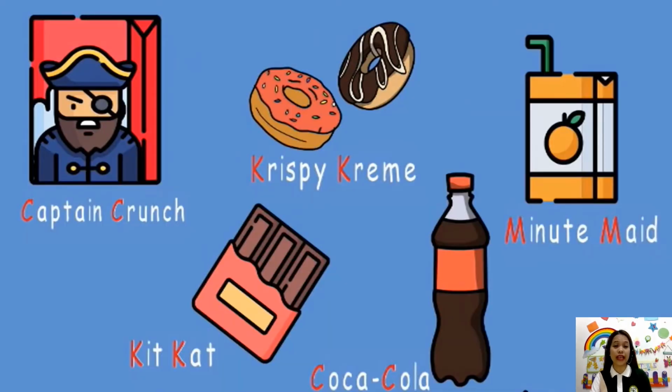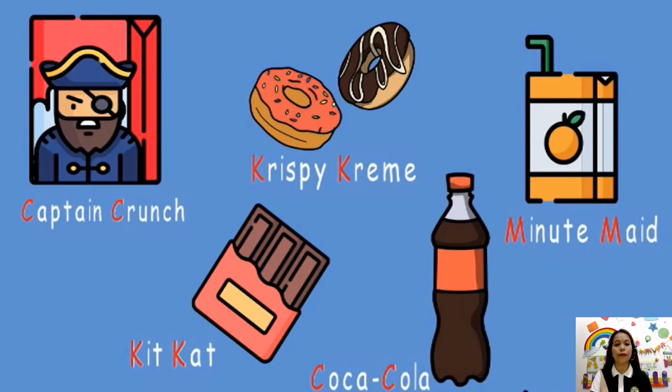We can also see alliteration with some of our favorite food or snacks like Captain Crunch, Krispy Kreme, Minute Maid, Kit Kat, and Coca-Cola. Krispy Kreme has the repetition of the consonant letter K, Minute Maid has the consonant letter M, Kit Kat has letter K, and Coca-Cola and Captain Crunch have the repetition of the consonant letter C.